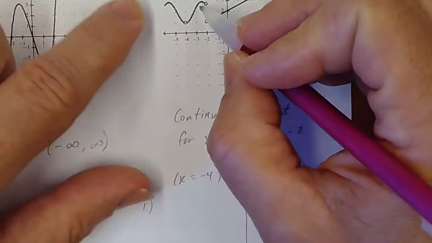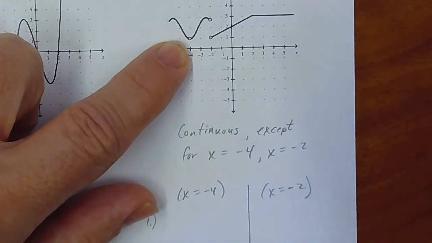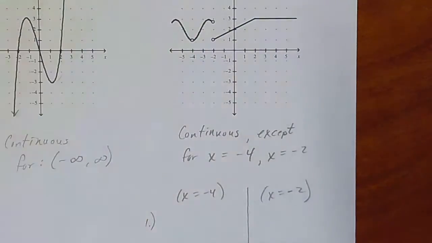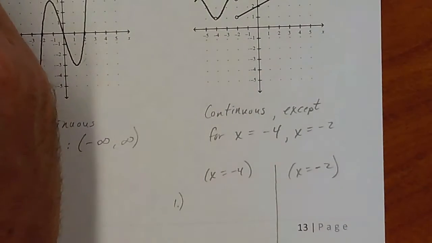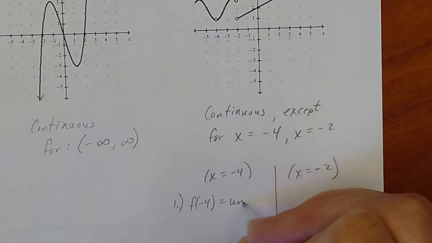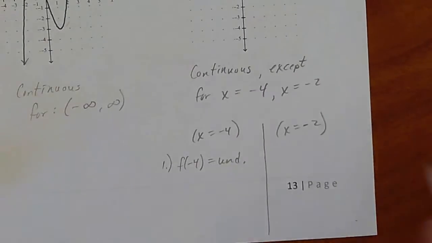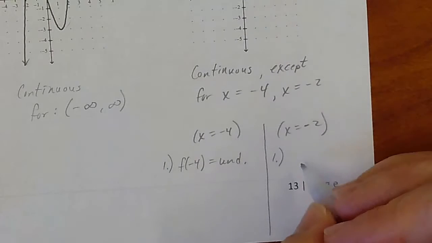As x approaches -4, it does have a limit of 1, but it only takes 1 violation for it not to be continuous. So for this one, we could use justification 1. That's why I'm hitting number 1, so we align it to that one. F at -4 is undefined. We could actually use justification number 1 for this one too. X equals -2 is undefined.